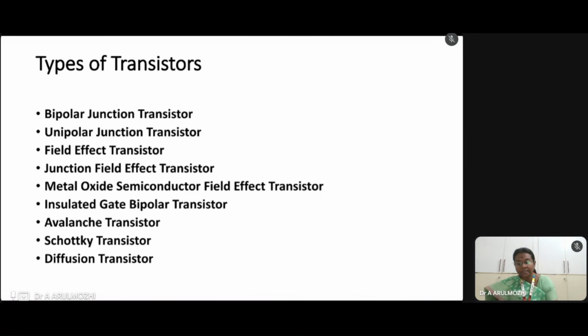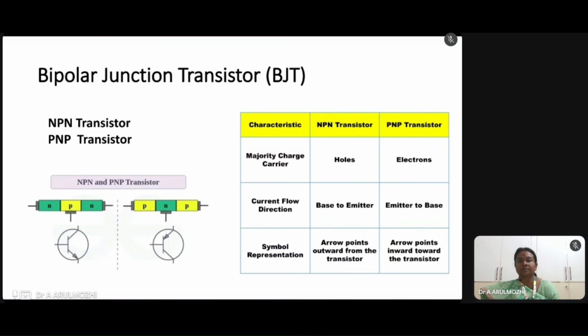So these are the various types of transistors we can use. Today we will see the bipolar junction transistor, which is represented as BJT.